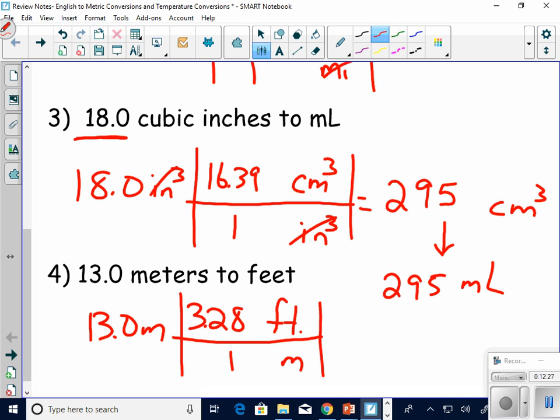So I take the 13.0 and I multiply it by 3.28, and I get a value of 42.64. But I need 3 significant figures, so my conversion's going to be 42.6.